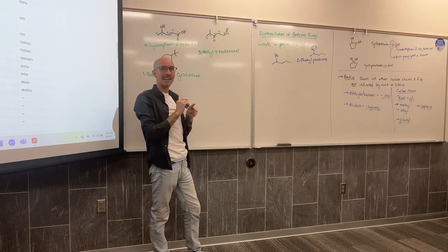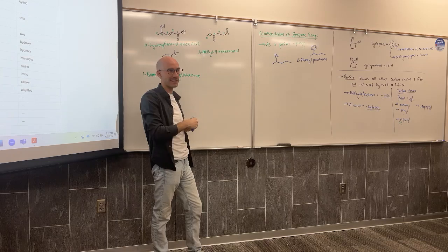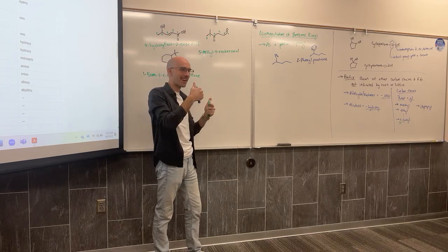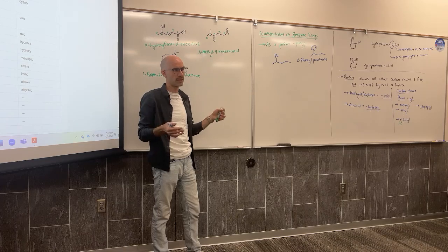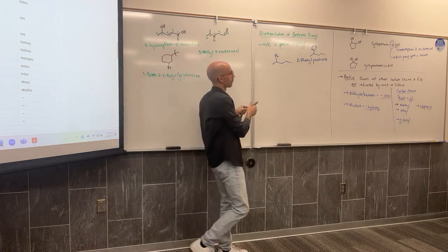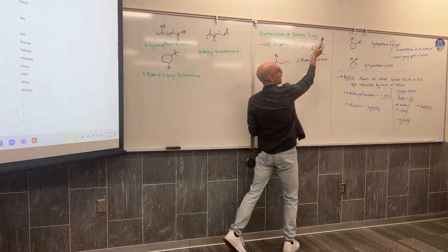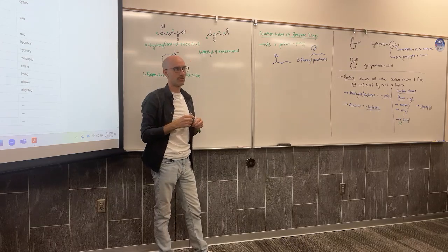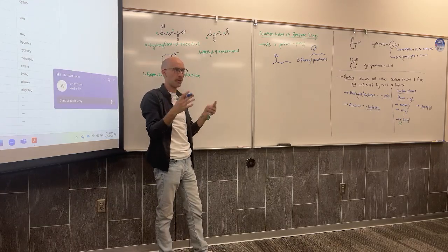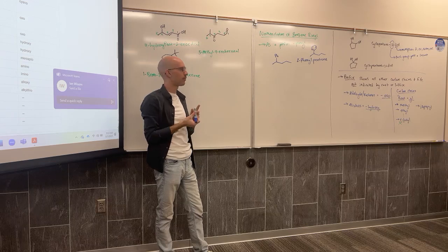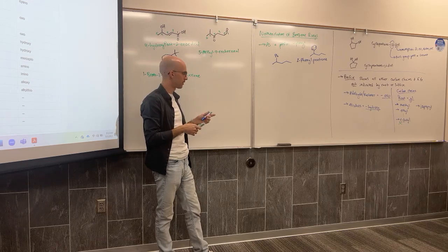Some of them I am happy to allow you to abbreviate as Ph. Others actually involve the aromatic ring, or they have the aromatic ring with something else coming off of it, so we don't want to shorthand it to Ph. We need to show the structural connection. But I'll point those things out as they show up.